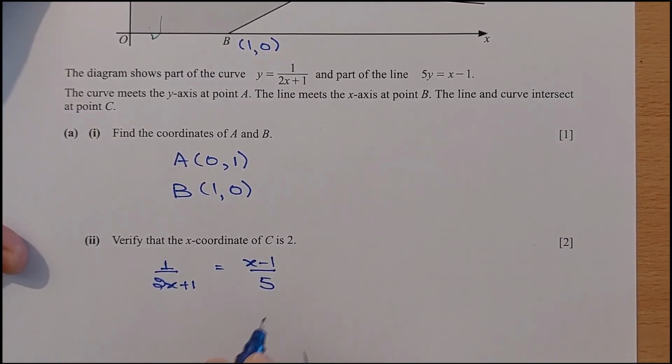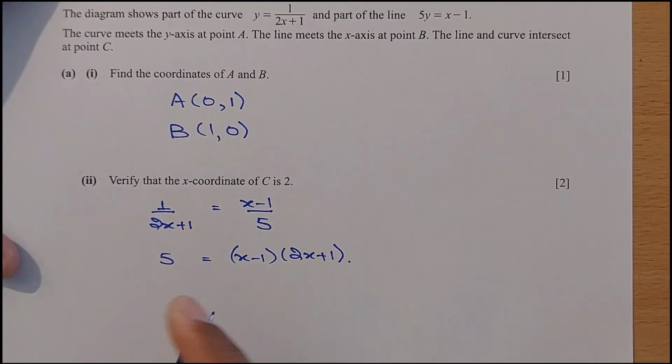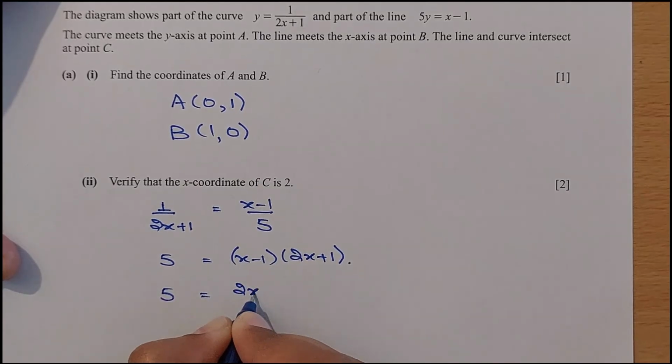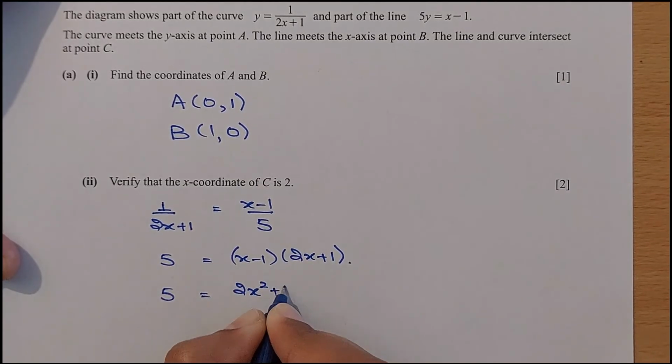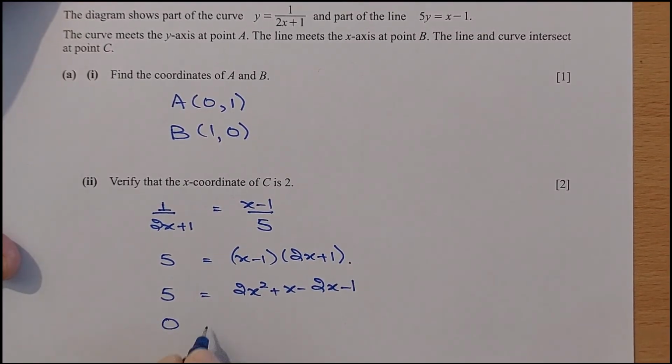Cross multiplication, we have 5 equals x minus 1 into 2x plus 1. So 5 equals 2x square plus x minus 2x minus 1. So 0 equals 2x square minus x minus 6.